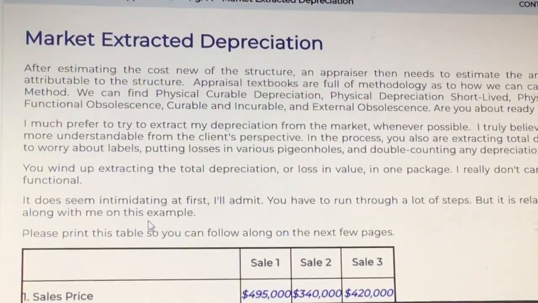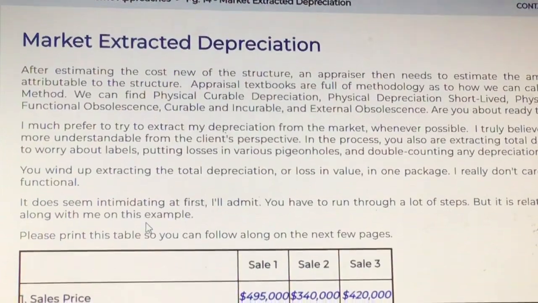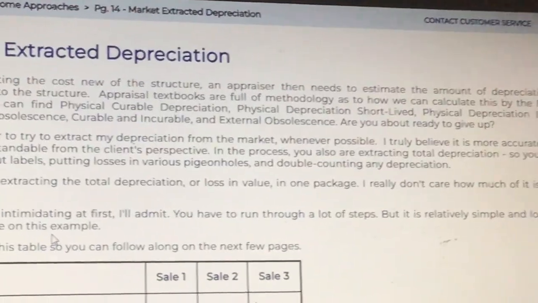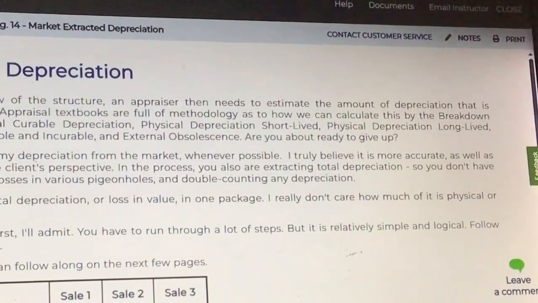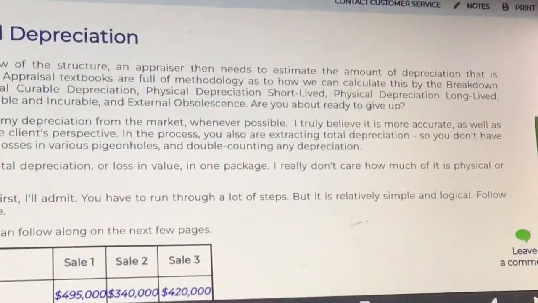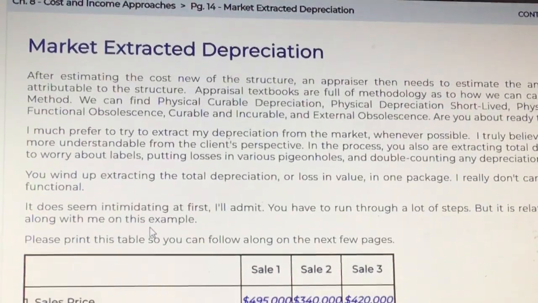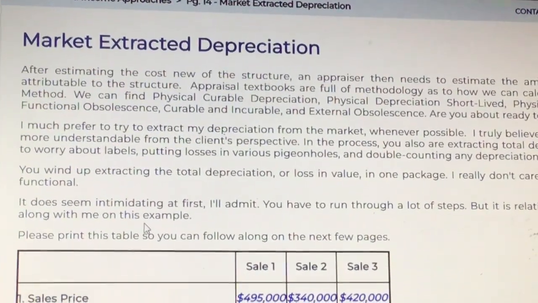I much prefer to try to extract my depreciation from the market whenever possible. I truly believe it is more accurate as well as more understandable from the client's perspective.